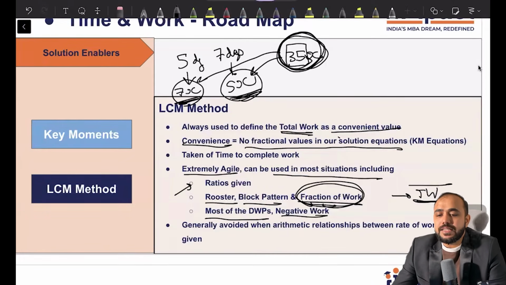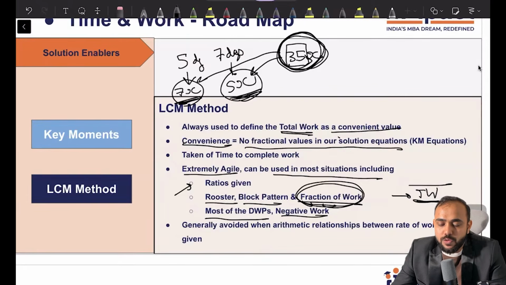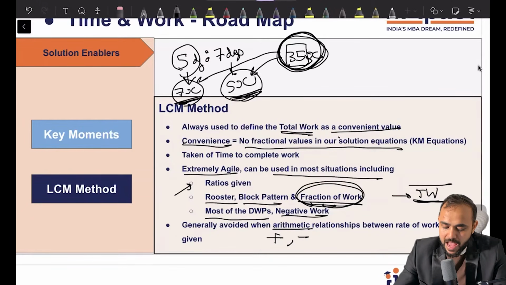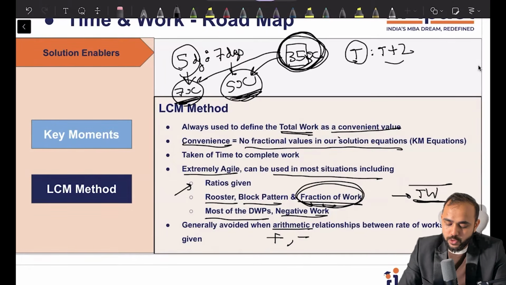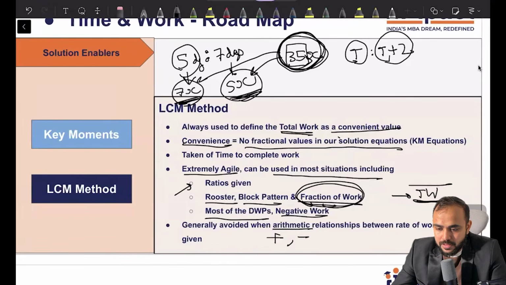So where can the LCM method fail? Generally, if there is an arithmetic relationship given between your rates of work, and when I say arithmetic, I mean plus or minus, then the LCM method will probably be difficult. Here I have given you the ratio of efficiency as 5 is to 7. What if I had given this to you as T and T plus 2? That I do the work in T days and you do it in T plus 2 days.